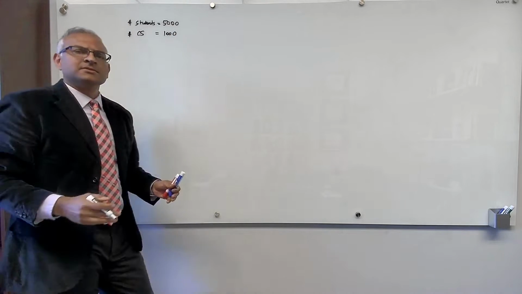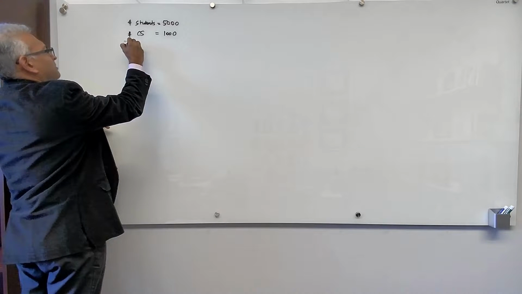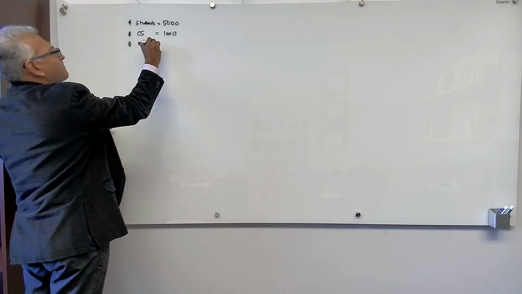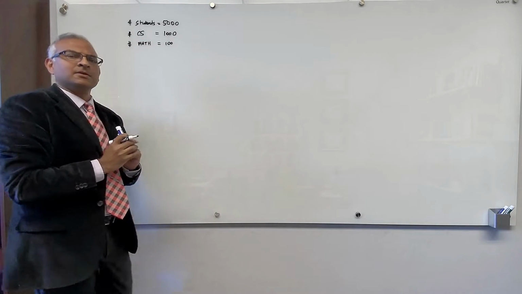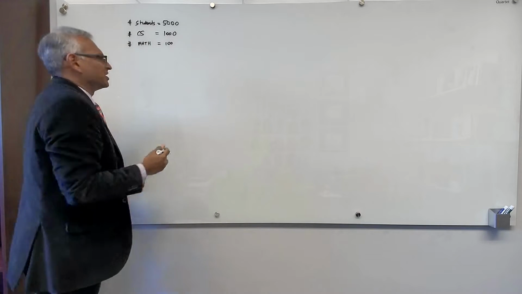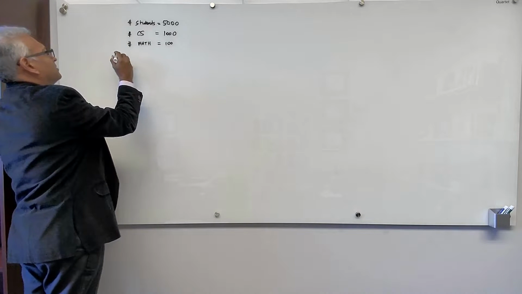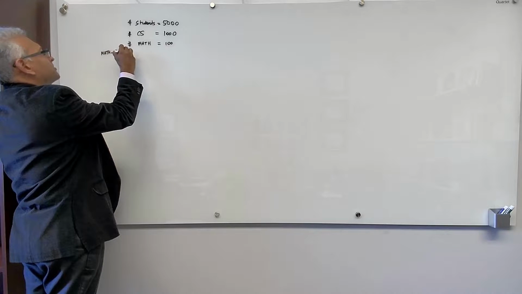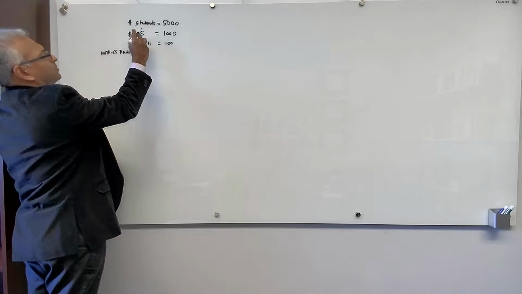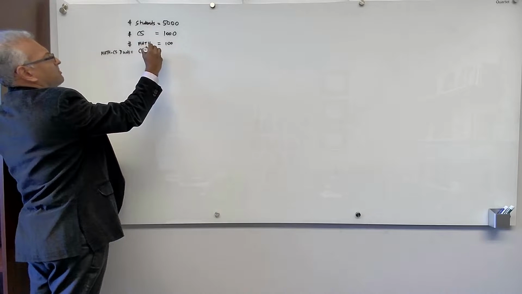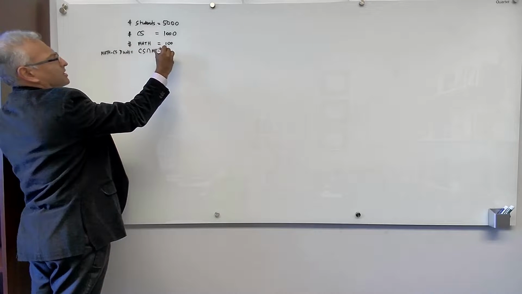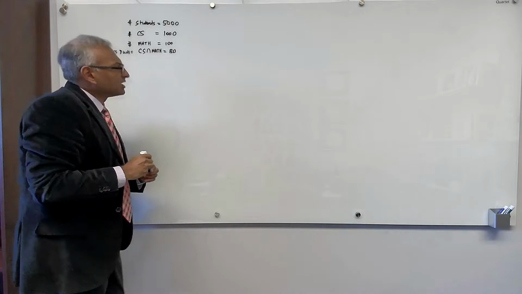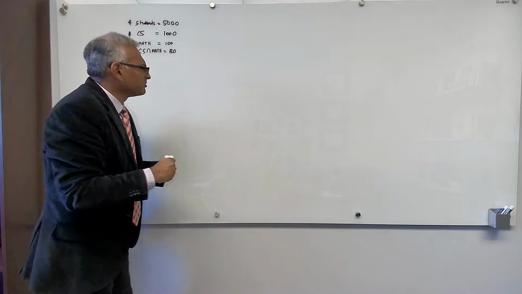And math is about 1/10 of CS, so the number of math equals 100. And some students are math CS duals. So math CS duals, that's equal to CS intersection math. Let's say that's 80. And we can represent this on a Venn diagram if we wanted to.